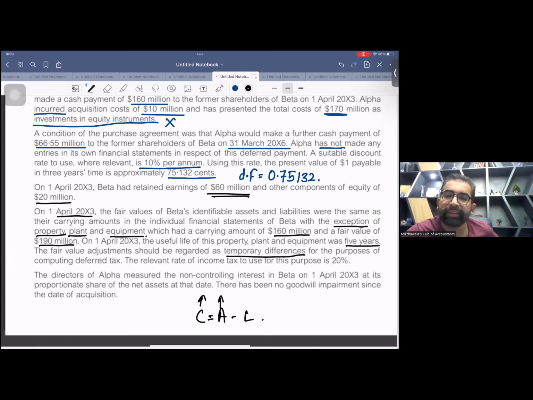Deferred tax on fair value adjustment. Use your mind. Let me tell you, as fair value adjustment is like upward revaluation. Now listen to the story. When the value of the asset went up, you go to the tax department and say, we have got a benefit, our values of properties or plant went up.